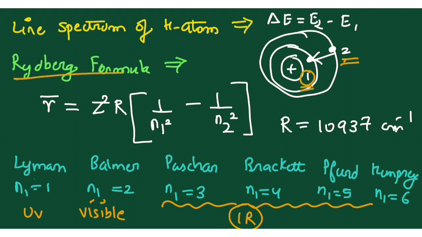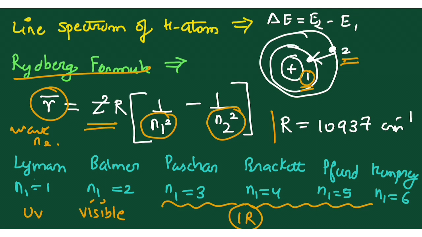So the Rydberg formula is wave number, in centimeter inverse, equal to Z square R bracket 1 by N1 square minus 1 by N2 square, where R is the Rydberg's constant 109737 centimeter inverse. N1 is the inner energy level where the electron is coming back, and N2 is where it is coming from.